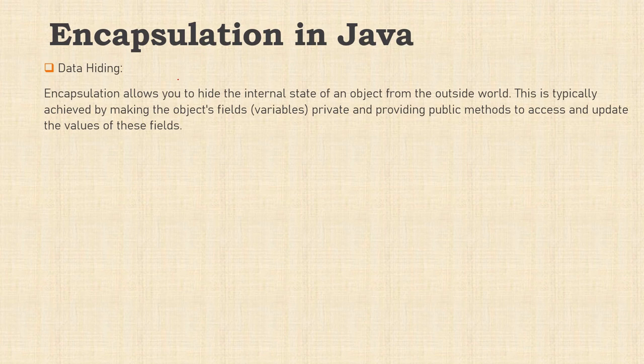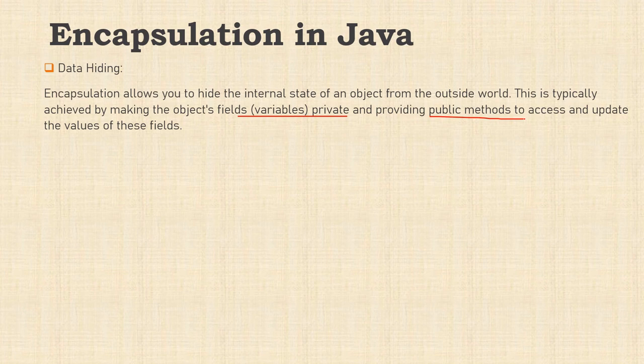In Java, we can make all the fields, which are variables, private and provide public methods to access and update the values of these fields. So we are going to make all the variables private and the methods public. Like this we can achieve it.